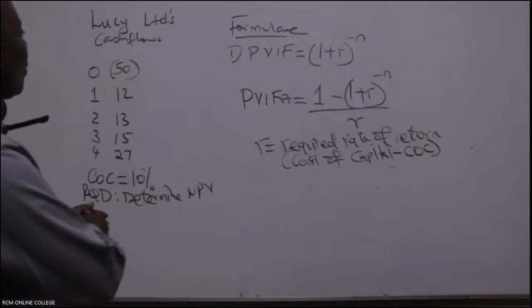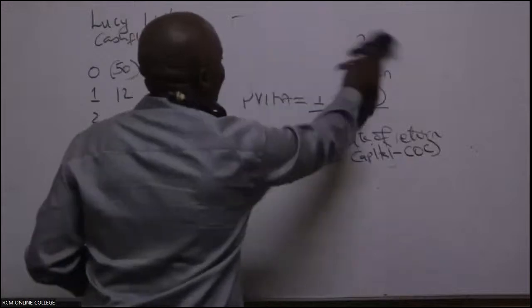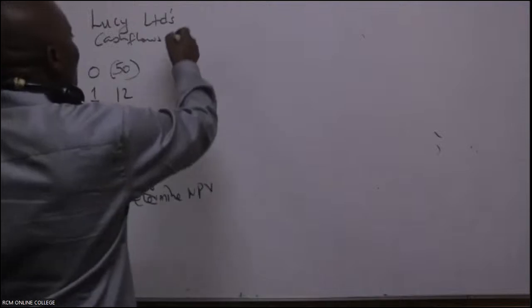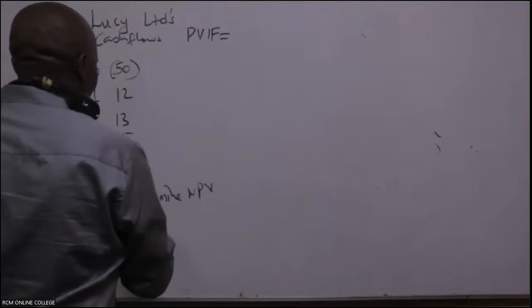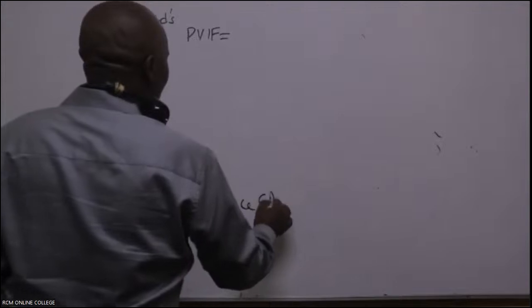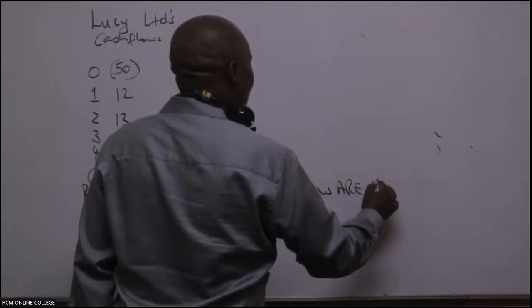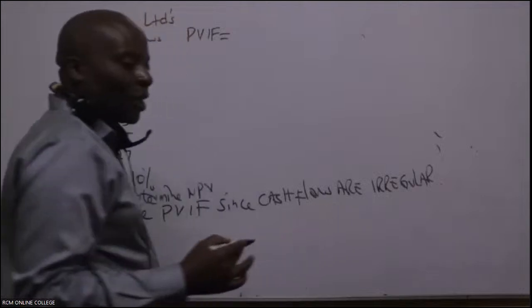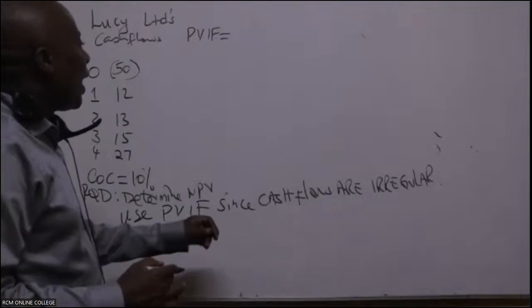And since they are irregular, then for purposes of discounting, we shall use PVIF since cash flows are irregular.